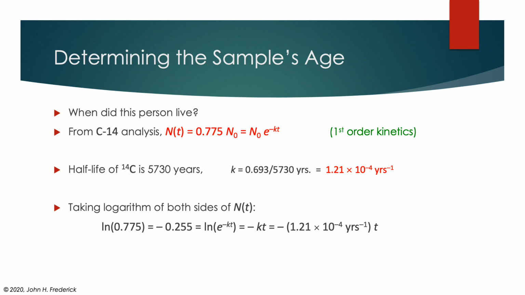And I know what k is. It's 1.21 times 10 to the minus 4. So I've got negative 0.255 as the result of taking the log of 0.775, equal to negative 1.21 times 10 to the minus 4 times the time. So now if I need the time, I simply rearrange that equation. I find that the time that has passed is 2,110 years.